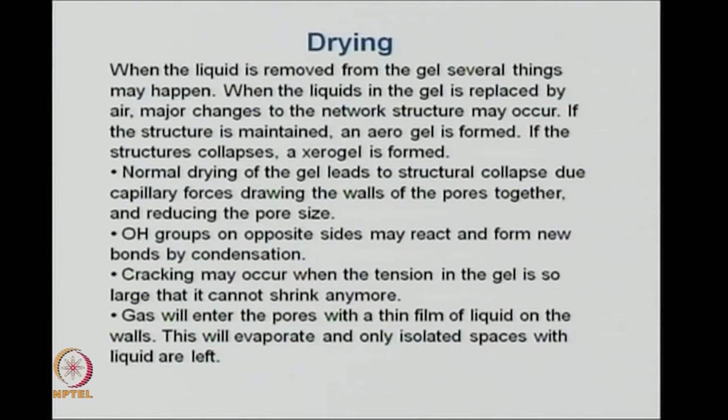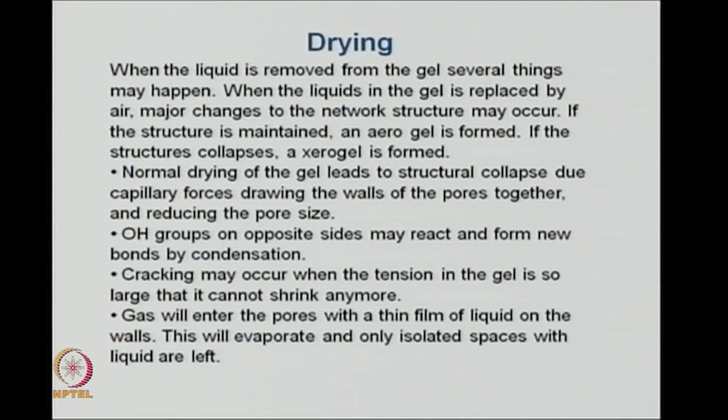But if you can maintain the structure, we get a gel which has got air inside, but the structure is intact like it was when the liquid was there, and this is called an aerogel because there is no liquid now, but the porous network structure is there.